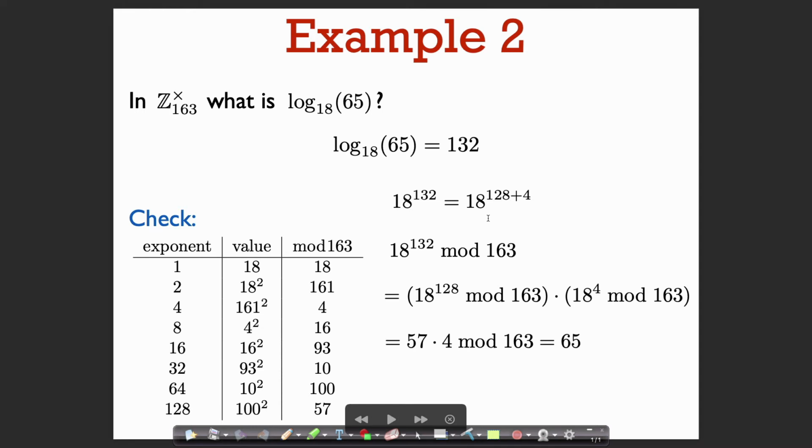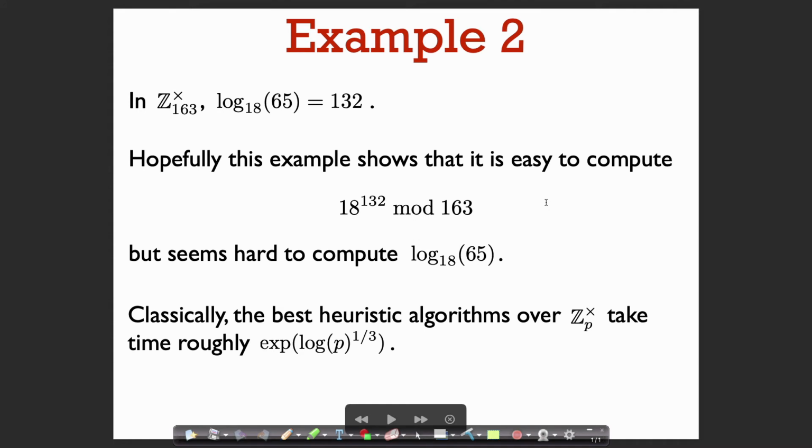The complexity is something just on the order of the logarithm of the size of the group that we're working in here. Okay, so indeed, we do currently think that the discrete logarithm problem is a hard problem classically.